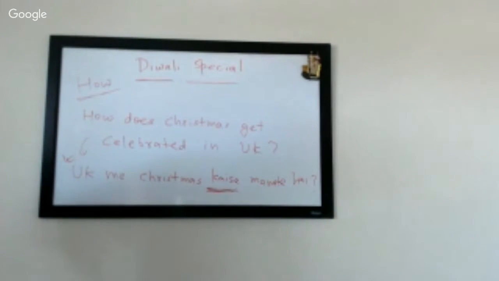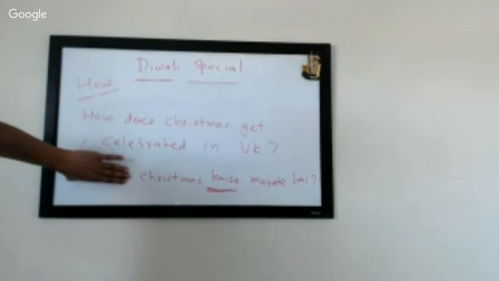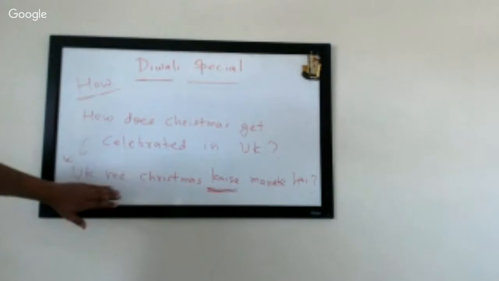Chrissy says, does the word order matter? Could you say UK में क्रिसमस कैसे मनाते हैं? You can put this thing in the end if you want to. Christmas कैसे मनाते हैं UK में, which I won't say is completely correct, but some people say that.